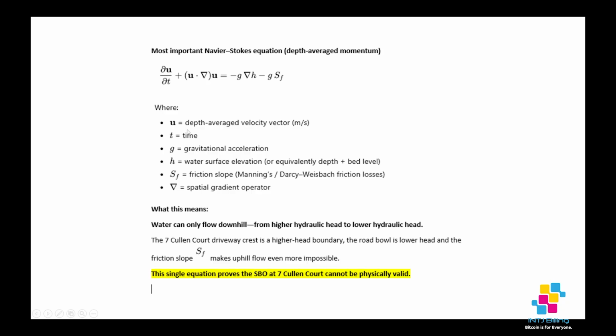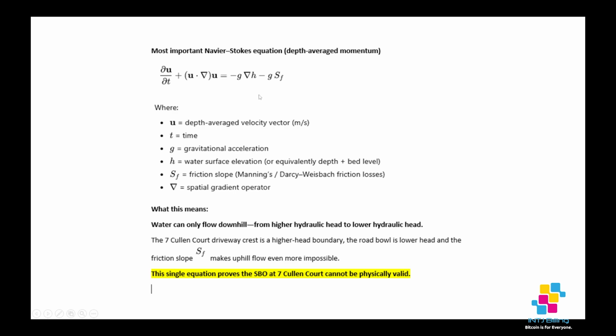All right, so where U is equal to the depth average velocity vector, T is time, G is the gravitational acceleration, H is water surface elevation, or equivalently depth plus bed level, S_f is friction slope, so this is Manning's Darcy-Weisbach friction losses. And here's our spatial gradient operator here, okay?